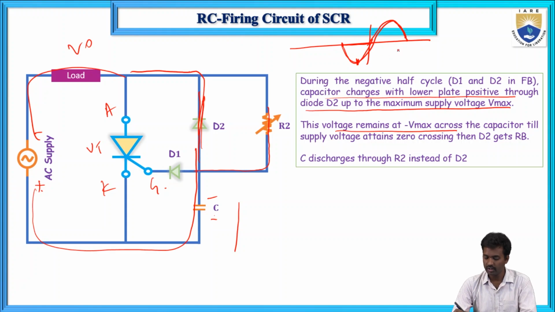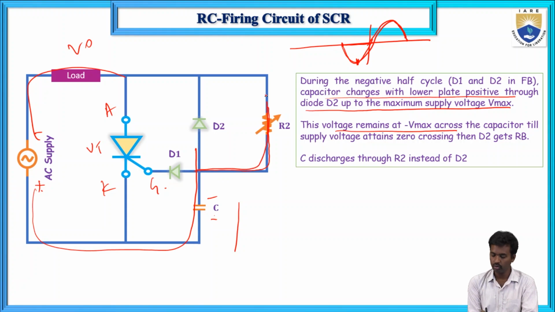At the zero crossing of the supply voltage, diode D2 gets reverse biased, and C discharges through R2 instead of D2. So this is the capacitor voltage here.